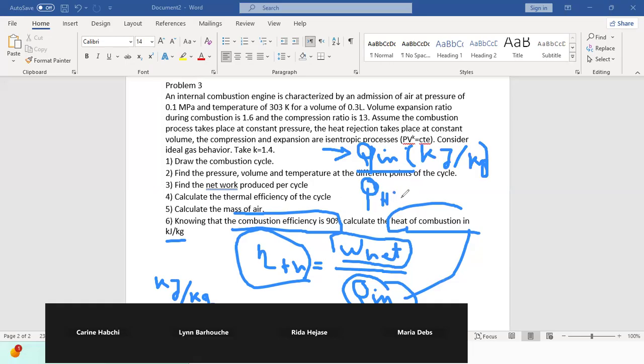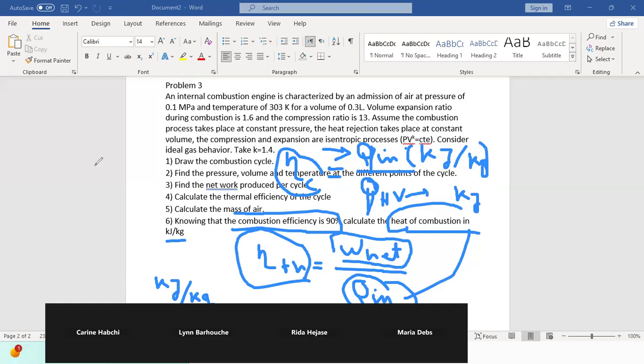So to get the heat of combustion in kilojoule per kilogram, all I have to do is apply that the combustion efficiency is the ratio of the energy that I was able to extract from combustion, which represents the input to my cycle, over the maximum energy released due to complete combustion of my fuel, which is given in kilojoule per kilogram. So in this problem, once you determine Q in from your cycle, and knowing the efficiency of combustion which is given, you can deduce the heat of combustion in kilojoule per kilogram.